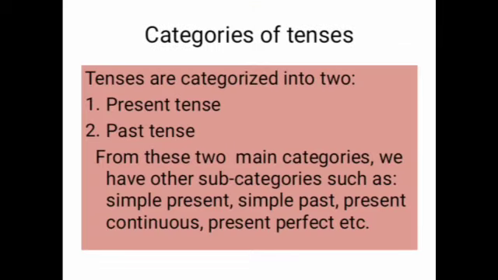Okay, so let's go to categories of tenses. We have two main categories of tenses. The first is the present tense. Number two is the past tense.